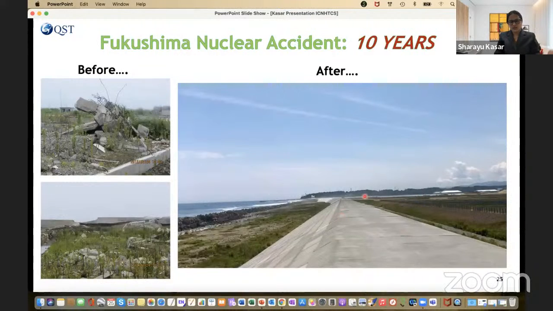But after 10 years, the wall is built up again, and it is now 10 meters high, and the city is welcoming all residents as well as tourists, and the city is ready for its day-to-day life. This is where we can see the Fukushima reactor.